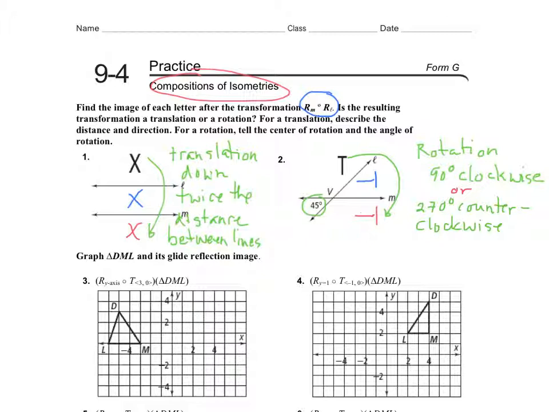So either one of those two answers is correct. And then the point at which the T is rotating is where the two lines intersect, there at V. So it's a rotation 90 degrees clockwise or 270 degrees counterclockwise about the point V.